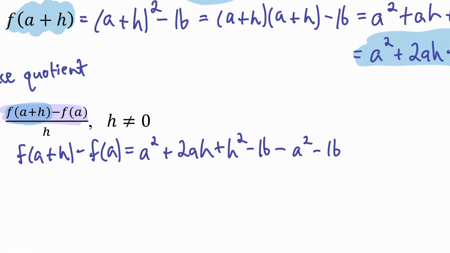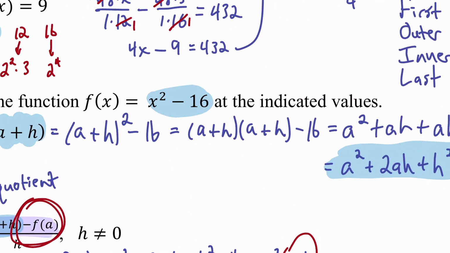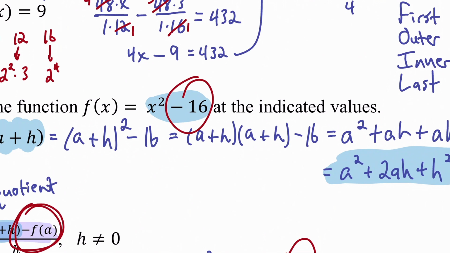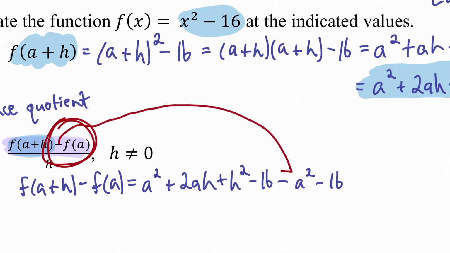So right over here, we're subtracting f of a, so we're subtracting the entire group. What I wrote here is subtracting a squared, and then I wrote minus 16, which is what the function does. But that means, according to this formula, I'm only subtracting the next one.